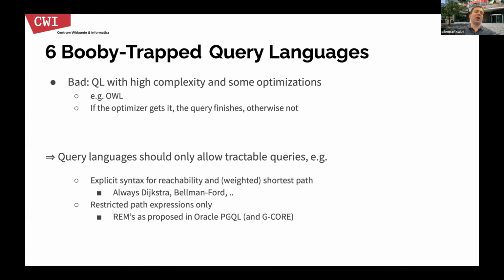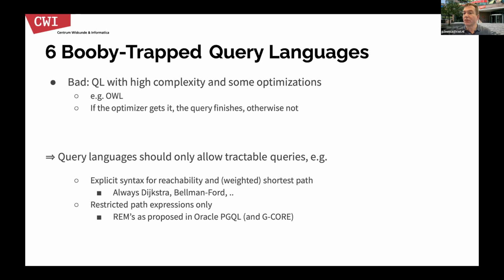A second example are path expressions. I mentioned the Kleene star, like nodes star, in my example queries, but rather than doing a Kleene star on a single edge or node, you can also match a pattern, and then you get regular path expressions, and then do a star of that regular pattern. So you can actually do quite advanced pathfinding.